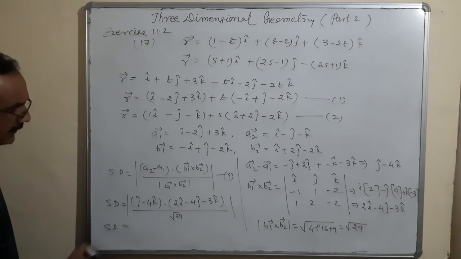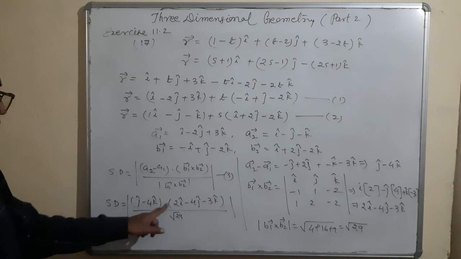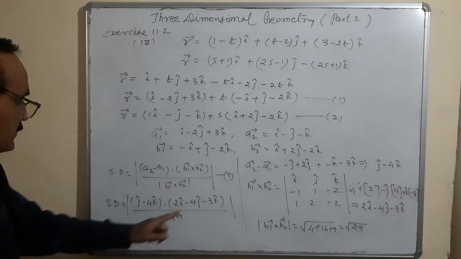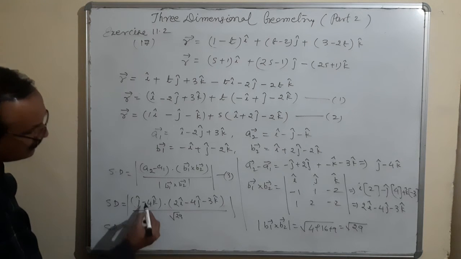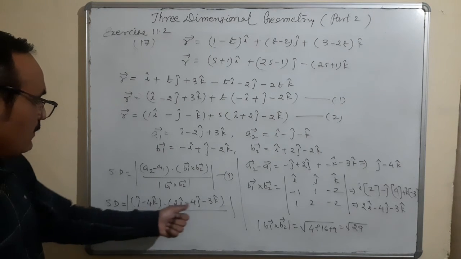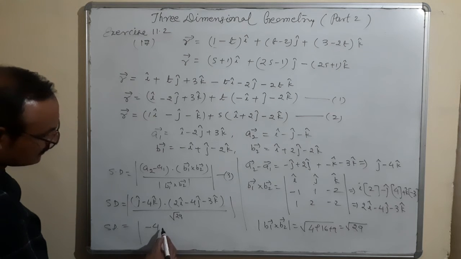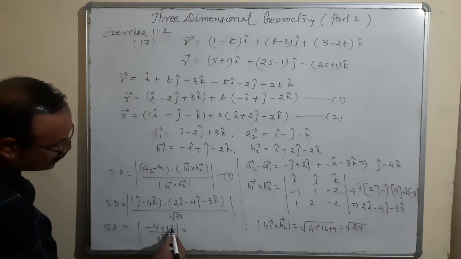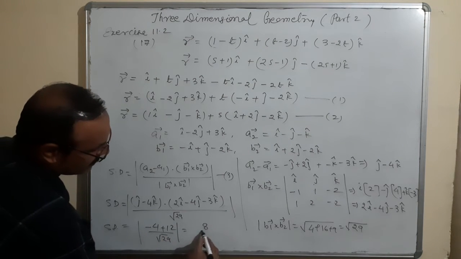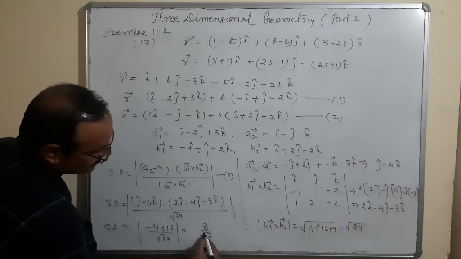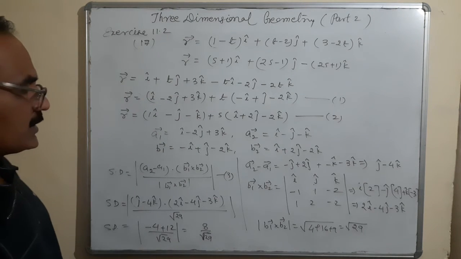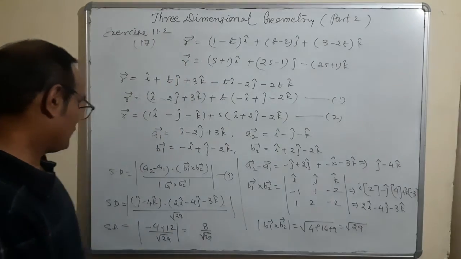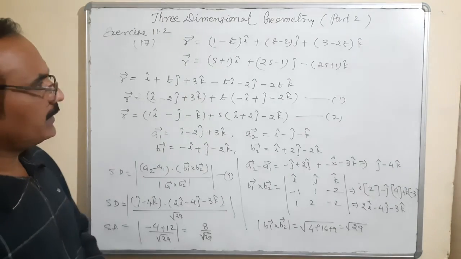So when we multiply, j multiplied with i is 0. j multiplied with j is minus 4. And k multiplied with k, 4 3s are 12, plus 12, upon under root 29. So 12 minus 4 is 8 upon under root 29. Okay. This is the shortest distance. 4, 16, 20 and 3 3s are 9, 29. Shortest distance is 8 upon under root 29.